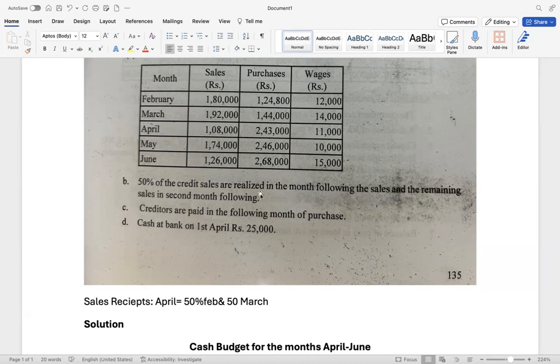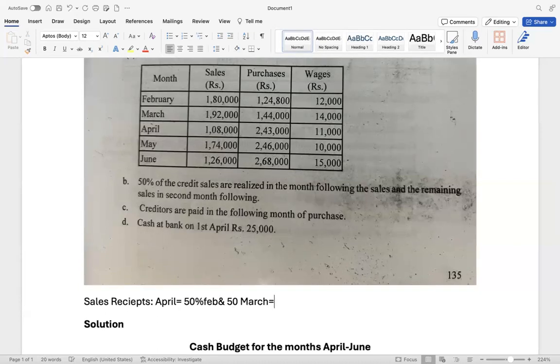Next month 50%, and then next month remaining 50%. That means nothing is realized in the same month. So therefore, we are not receiving anything in the month of April from the sales pertaining to the month of April. So what we receive in the month of April is 50% of the sales of February and 50% of sales of March.